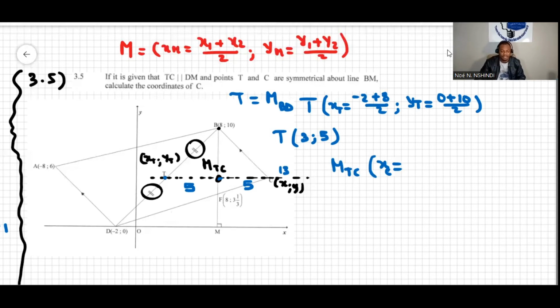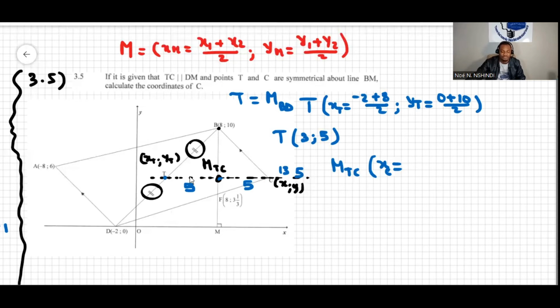The y value will still be 5, the same as the y value of the point T, because the line is horizontal, parallel to the x-axis, so it has the same y coordinates.